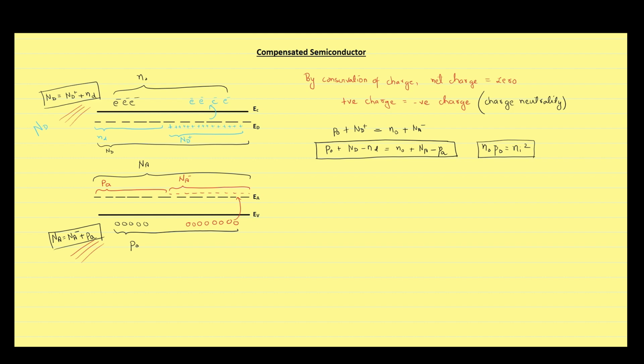Then you have to use both these equations to find a quadratic equation, and after solving that you will get the concentration of both free electrons and holes.